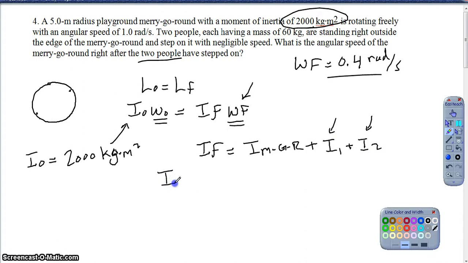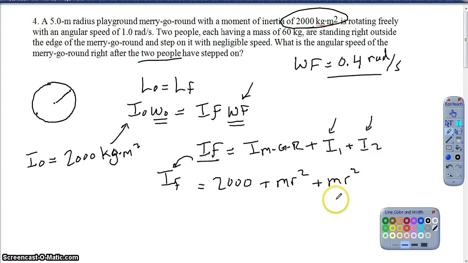So if I want to find my final moment of inertia, I know that the moment of inertia for the merry-go-round is 2,000. For each person, because each person's mass is entirely the whole radius away from the center of rotation, I'm just going to use mr squared. I don't have to worry about any special relationships or special equations.